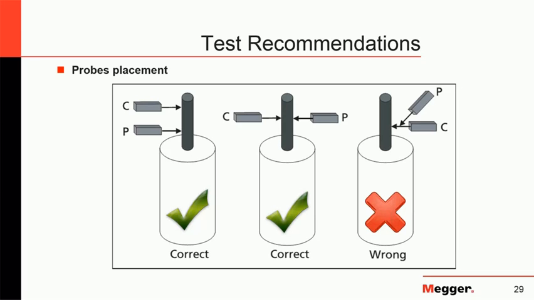As you can see in this slide, we should either put the potential probe inside the current probe, or at least in line with the current probe, and never connect the potential probe directly to the current lead, because that will include that small voltage drop on the connection between the current probe and the conductor we are testing.